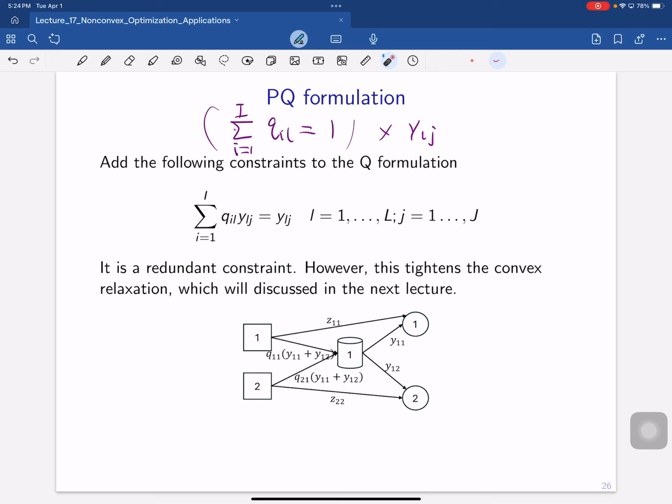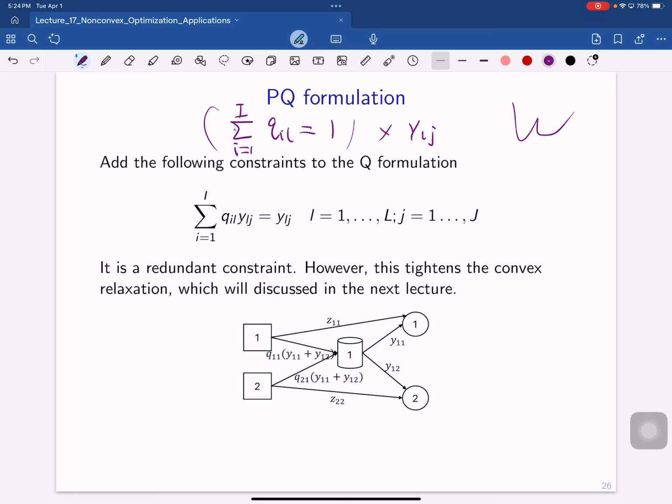So why do you want to add a redundant constraint to this problem? We will talk about this in the next lecture because after you add this redundant constraint, it improves the convex relaxation of the blending problem. Again, in the next lecture, we will talk about how solving the non-convex problem to global optimality relies on so-called convex relaxation. Let's say this is a non-convex function here.